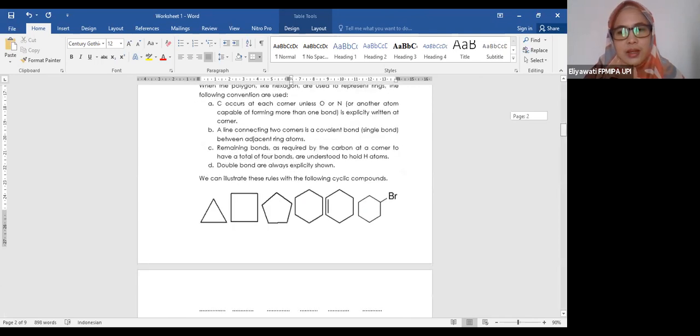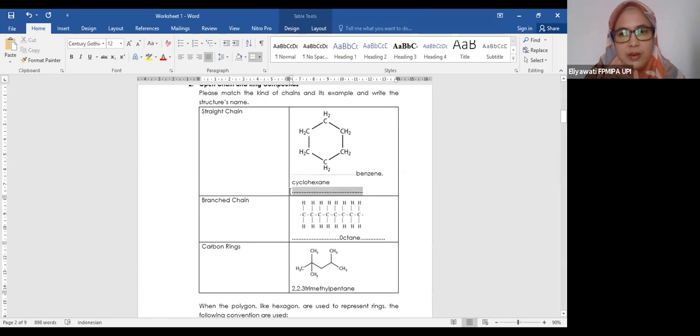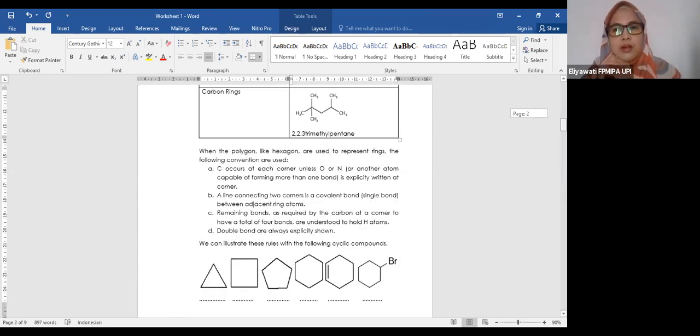In this part, I introduce you to some carbon rings that sometimes we call polygons. Maybe in mathematics, you know that these pictures have certain names, for example, square, triangle.